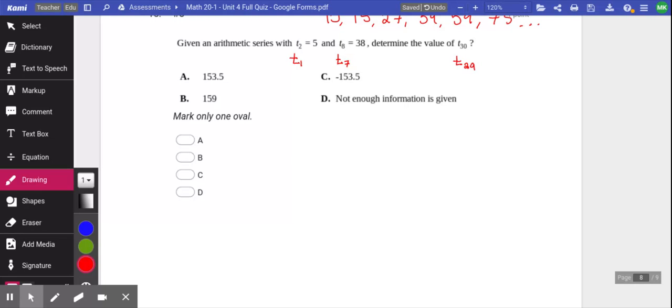The next thing is I can't figure out t of 29, this random term, unless I know what the difference is. And I don't know what the difference is in this arithmetic series because they never told me. They just gave me t of 1 and t of 7. So I need to use a formula to find my difference to be able to do anything here.